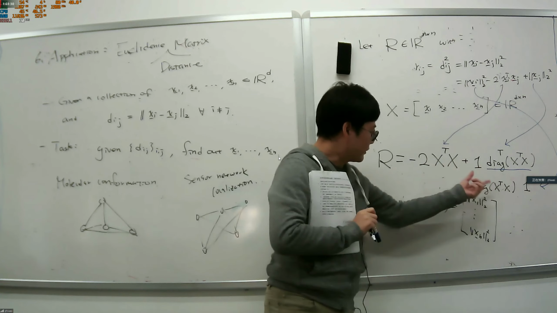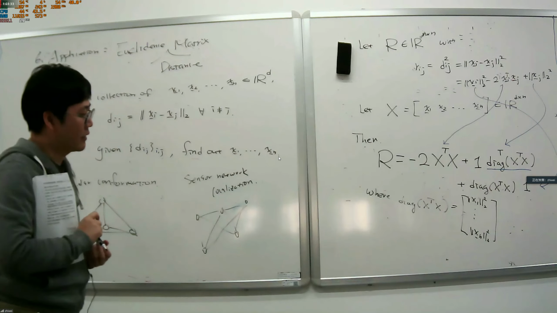So R can be written like this. The Euclidean distance matrix can be written like this.